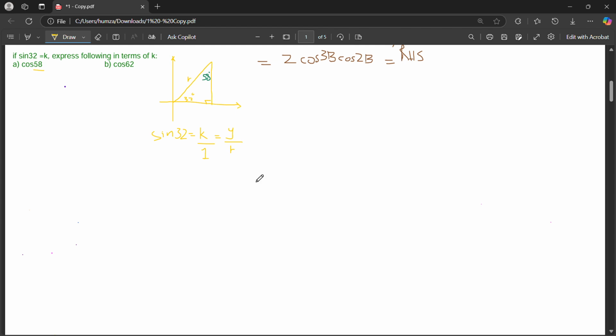And then we can say that the r value is 1 and y is equal to k, and then we can work out the missing side using the Pythagoras theorem. We can say that x squared plus y squared is equal to r squared, and this is your Pythagoras theorem.